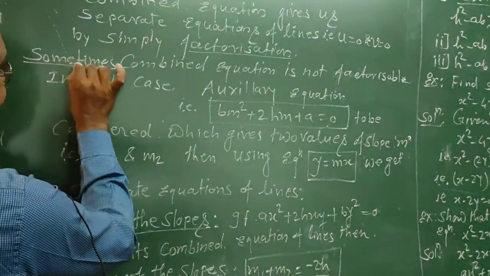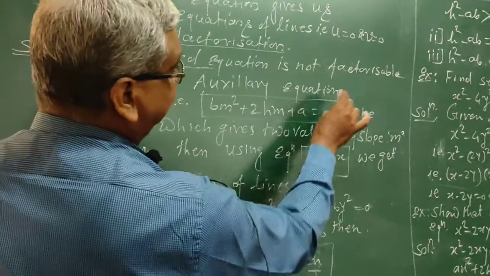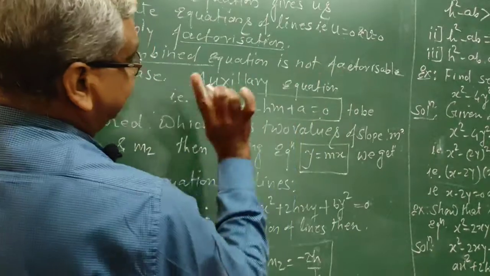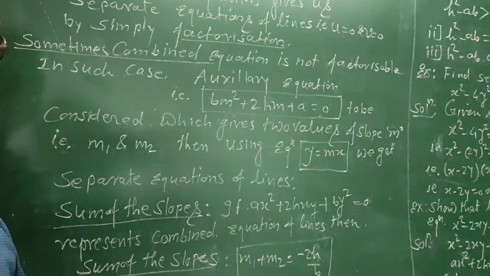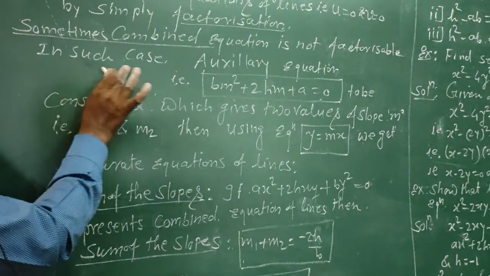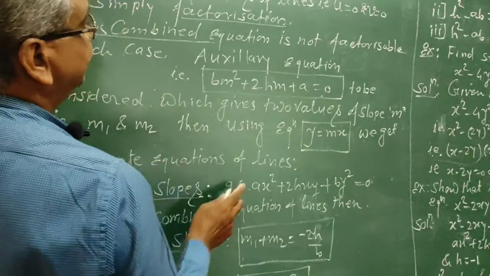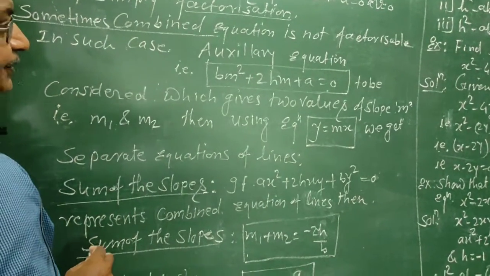So sometimes this combined equation is not factorizable, and in such a case the auxiliary equation of the given combined equation is to be obtained.